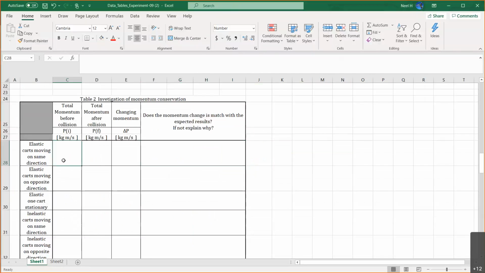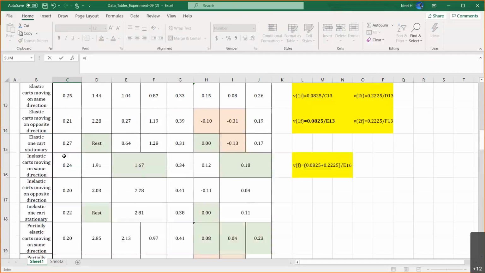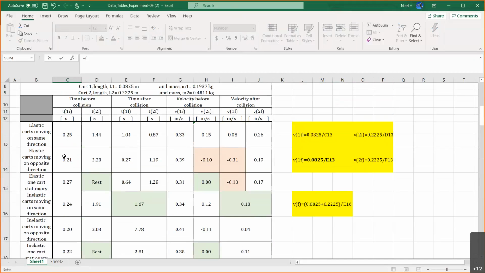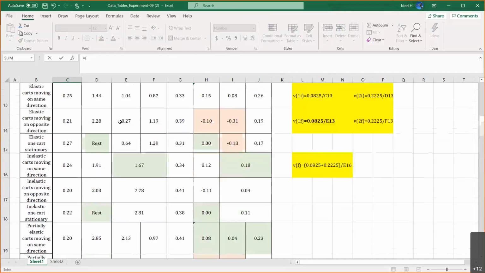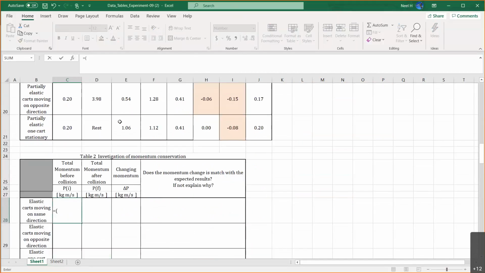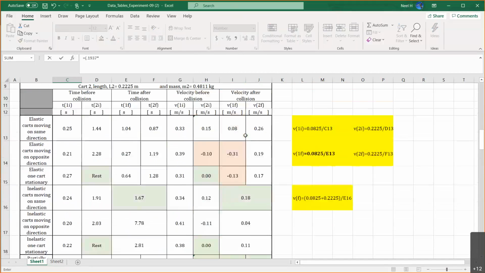So let's do that. The equal sign, momentum before collision, brackets, mass of object number 1, which is 0.1937, multiplied by velocity of object number 1 before collision, okay?